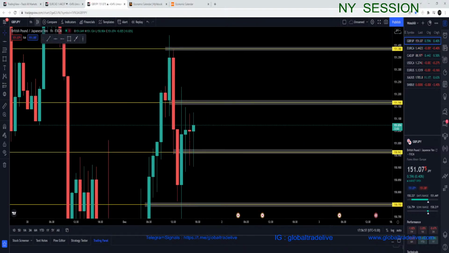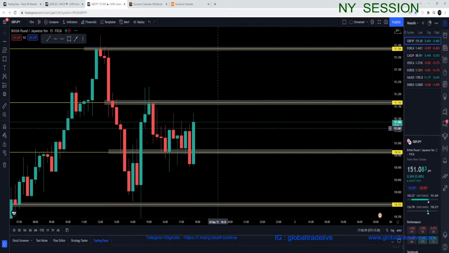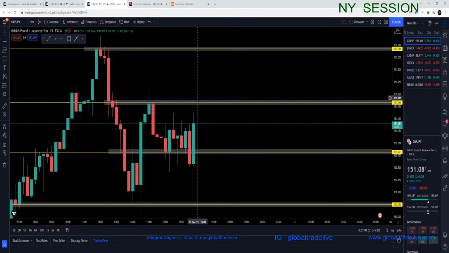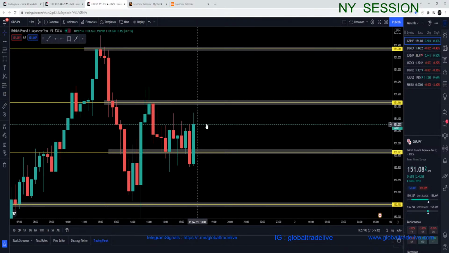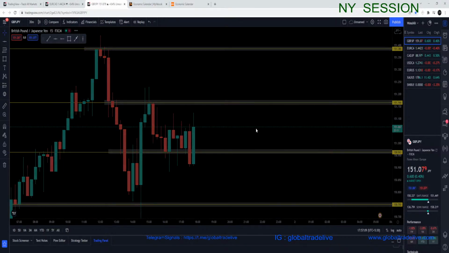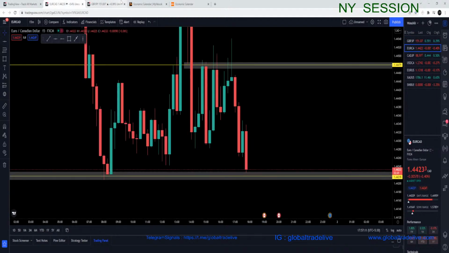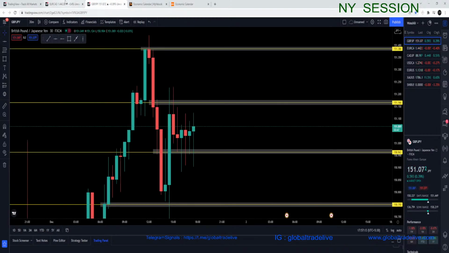So let's see if we get a 15-minute candle close above this area and then we can take a buy, or what will happen. This candle is about to close in 2 or 3 minutes, and let me just check.